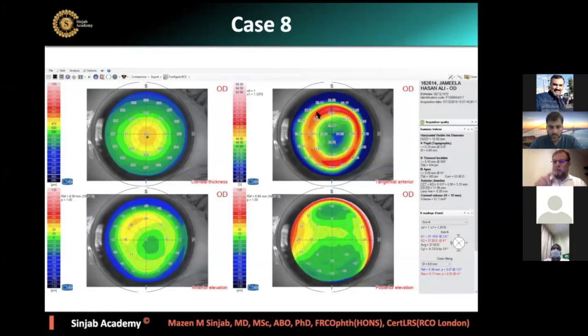We call this contour effect, and it delineates the area of previous ablation. Now, this is not important in most cases, but it's very important when the ablated zone is decentered. As you know, one of the complications after refractive surgery is a decentered optical zone. In this case, you will find, and I'll show you some cases later, that because of a decentered optical zone, this contour effect may mimic ectasia.